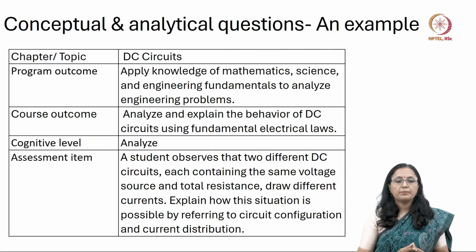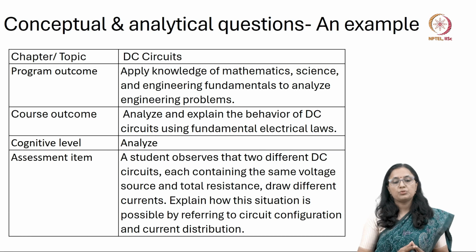So, the course outcome is: analyze and explain the behavior of DC circuits using fundamental electrical laws. Okay. So, we know that the cognitive level addressed by this course outcome is analyze. Now, suppose we have a question which says that a student observes that two different DC circuits, each containing the same voltage source and the same total resistance, draw different currents.